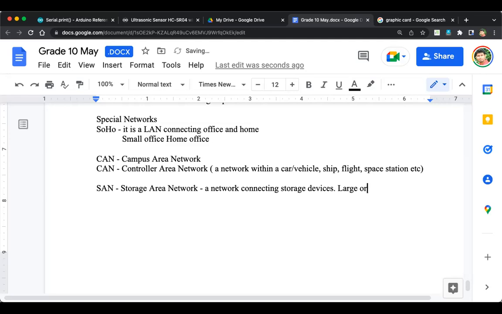Large organizations maintain SAN, storage area networks. SOHO, CAN, SAN. So these are some special networks. That is also not there in the book, but still important.